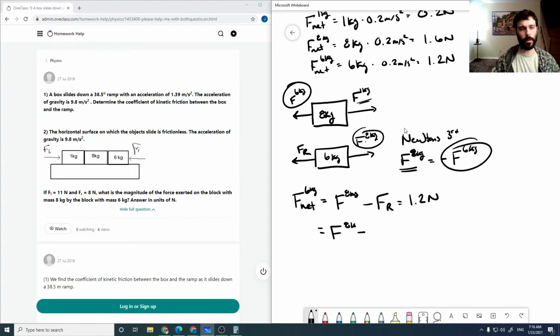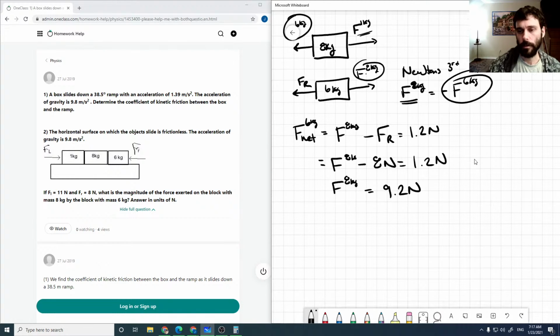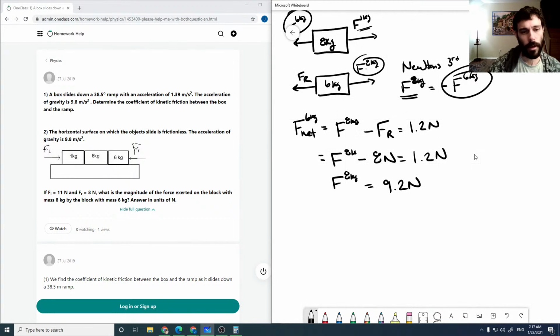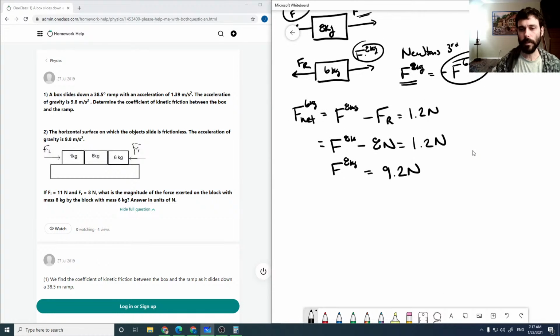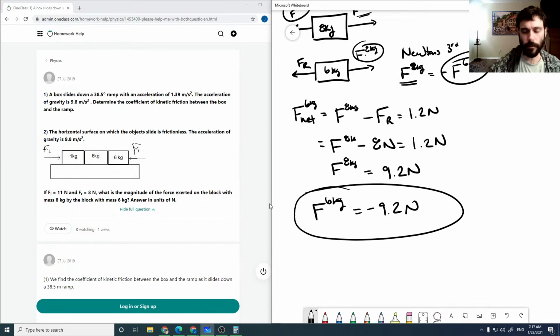Our force from the right we know is 8 newtons. And so our force from our 8 kg block is 9.2 newtons. Which makes sense, as to get that acceleration we need to surmount that right force. And so that means that our F6 kg is minus 9.2 newtons. So that's the force that the 6 kilogram block is applying to the 8 kilogram block.